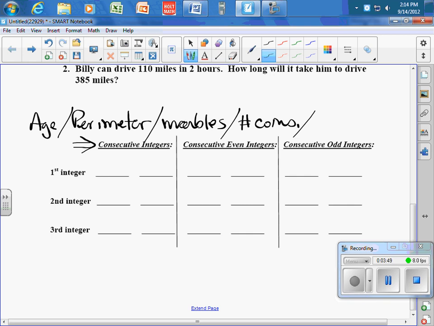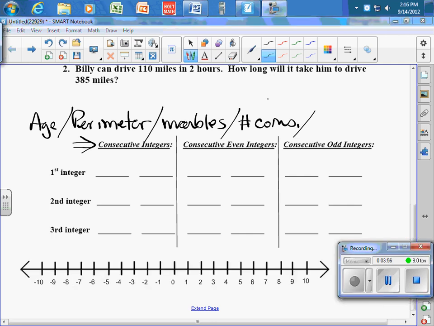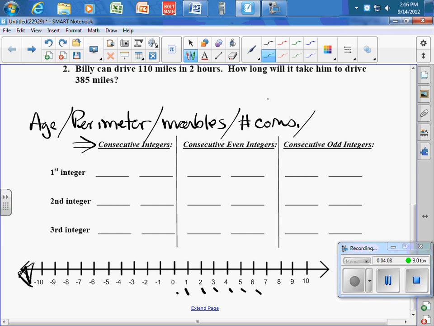Well, integers are those numbers you normally think of when you picture a number line in your head. So now pictured here is the typical number line, and these are your integers, 0, 1, 2, 3, 4, 5, 6, and so on, -1, -2, -3, and so on. Those are the integers that we're going to be talking about.